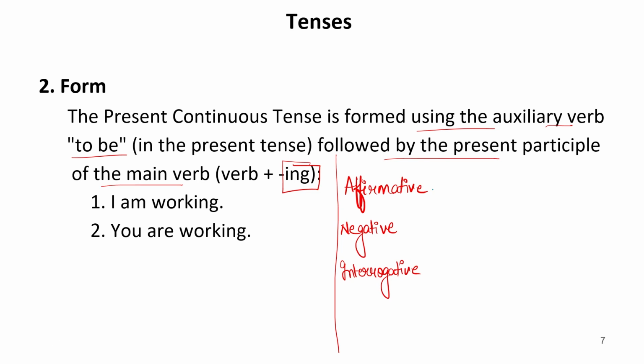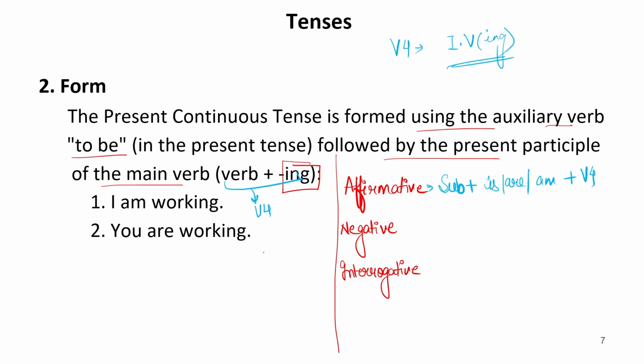When we make these types of sentences, first we have affirmative, in which we write subject plus is, are, am, plus verb fourth form. Verb fourth form refers to the first form of the verb with ing added.